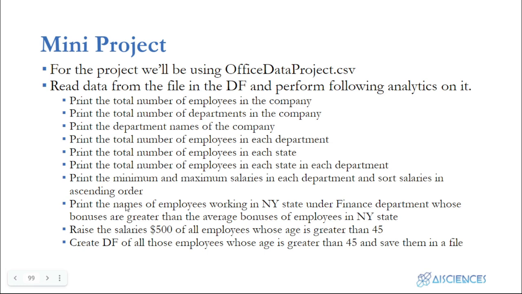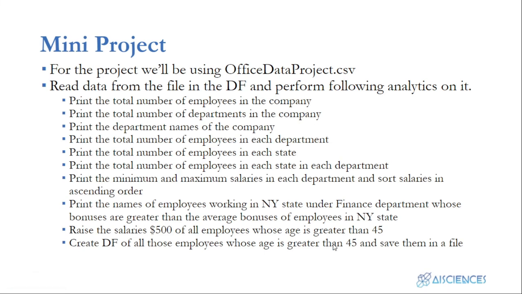The statement is that firstly we have to create a new UDF, and inside that UDF we will pass the age and the salary. Then that UDF will look for the particular condition, and if the age is greater than 45, it will increase the salary by $500 and return it back.